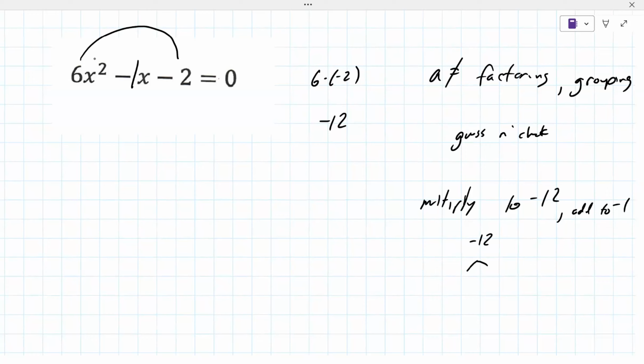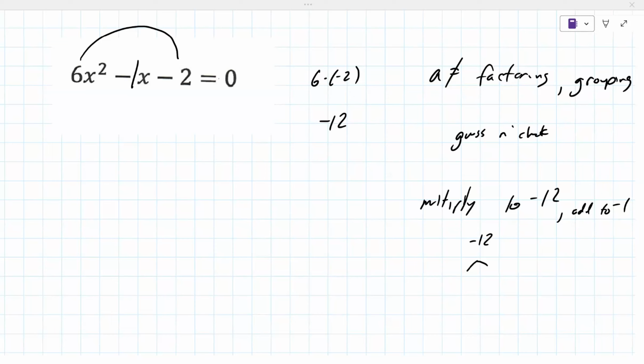I'll jump in if you're not able to figure them out. -2 and 4?